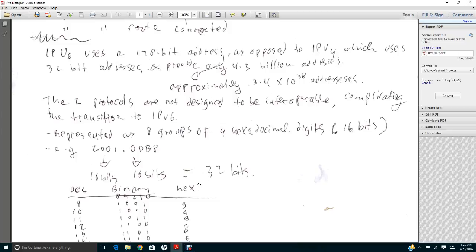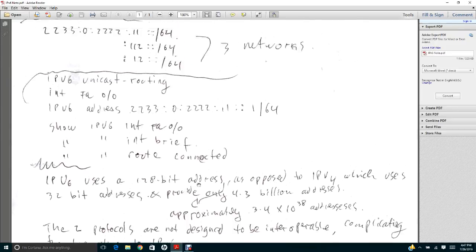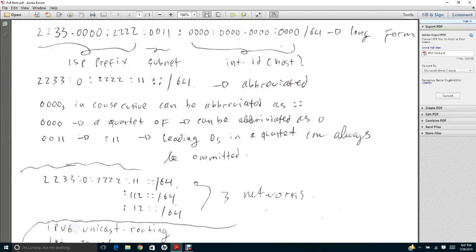Going back to the top, you notice that I gave you the long address of the IP version 6, right? This long form can be abbreviated to a simpler one. For example, 2233 colon 0 colon. What is 0 here? Well, notice that a quartet of 0000 can be abbreviated as 0.